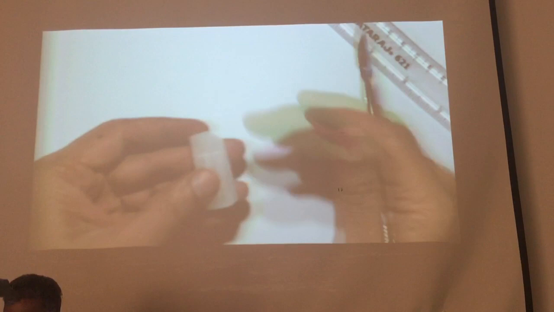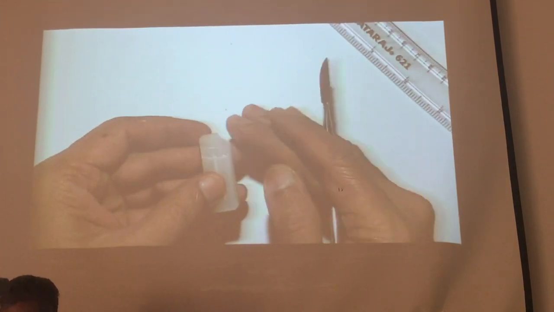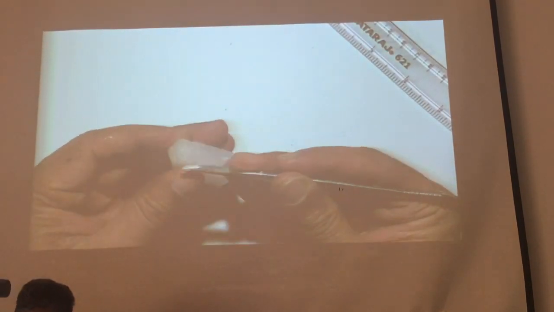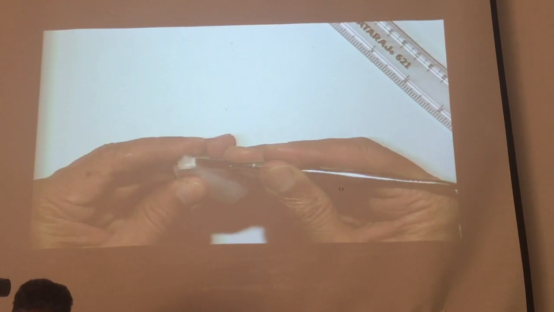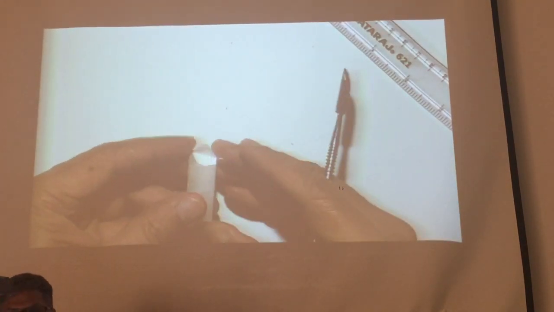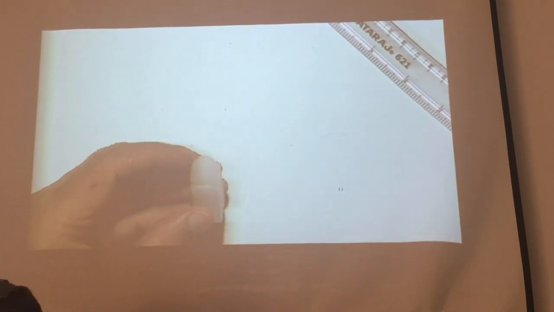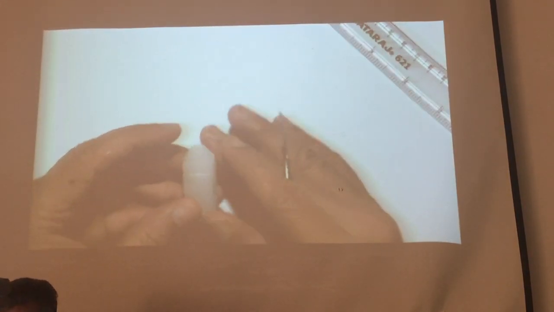I make a cut like this. Similarly on the palatal side. Got it? So I made a cut here, and here.